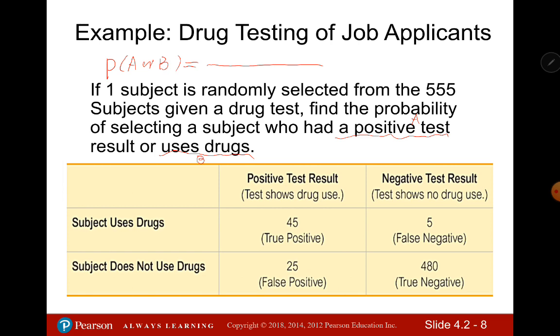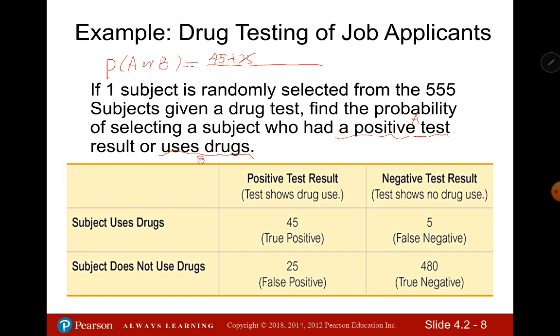So let's check how many people got a positive result. The positive result is the first column. We get 45 and 25, so 45 plus 25, which is 70 people with a positive result, right?